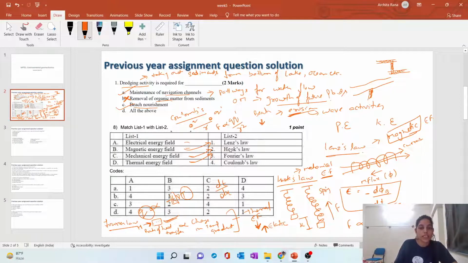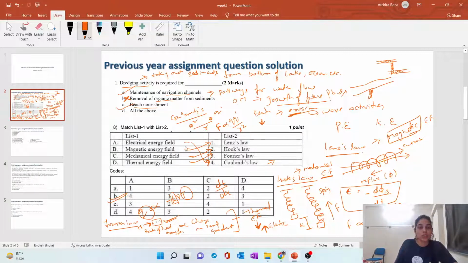Since it is about the charge of a particle, and soil has charged particles, remember, cations and anions, it is about the electrical field. So the answer here is B.